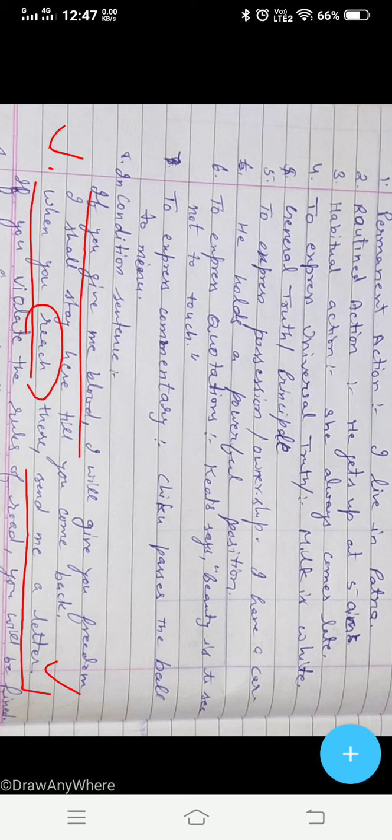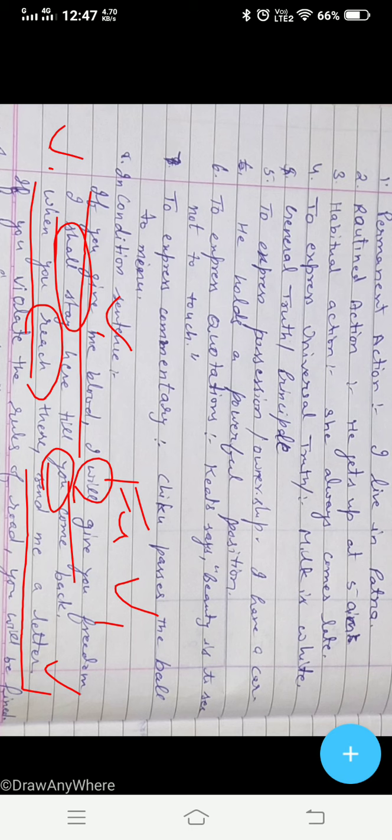In this sentence we have used the verb's first form, and here we will use future first form plus will or shall. Clear. Here we have used future tense, first form plus shall, and then here we have used simple present tense, means verb की first form. Clear.